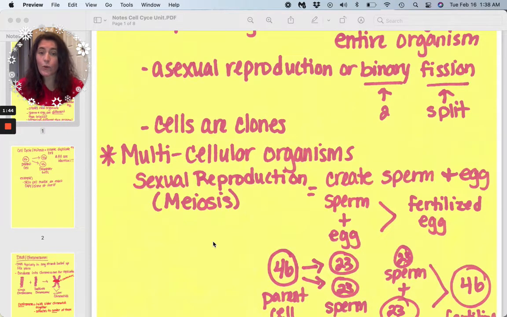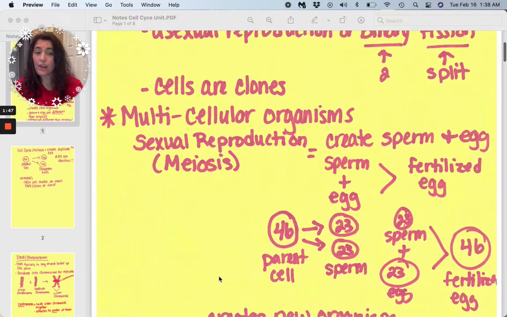And so to create that, we start with the parent cell that has, in this case, we're going to use humans for example, a full set of chromosomes. Humans have 46, and the process of meiosis creates two sperm cells here, two sperm cells that have half of that amount. So they have half the number of a total chromosome amount, so they have 23 each.